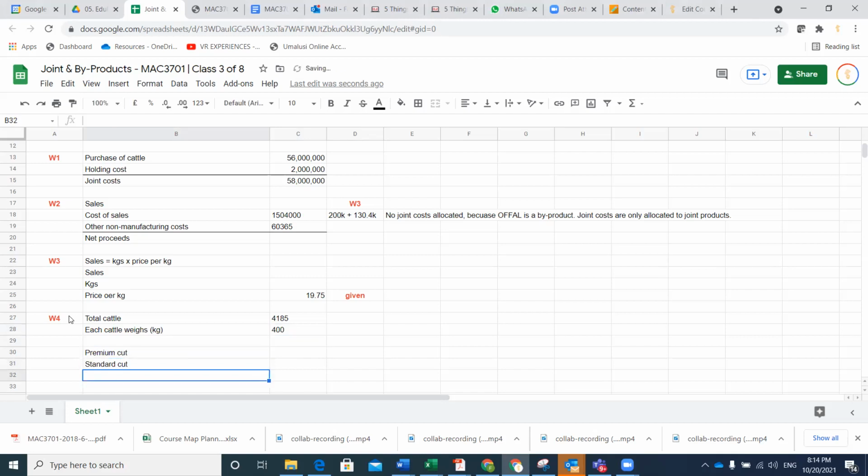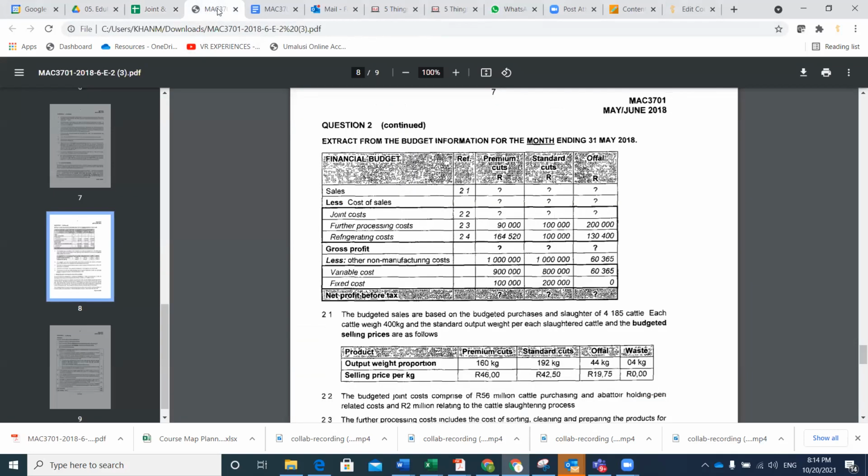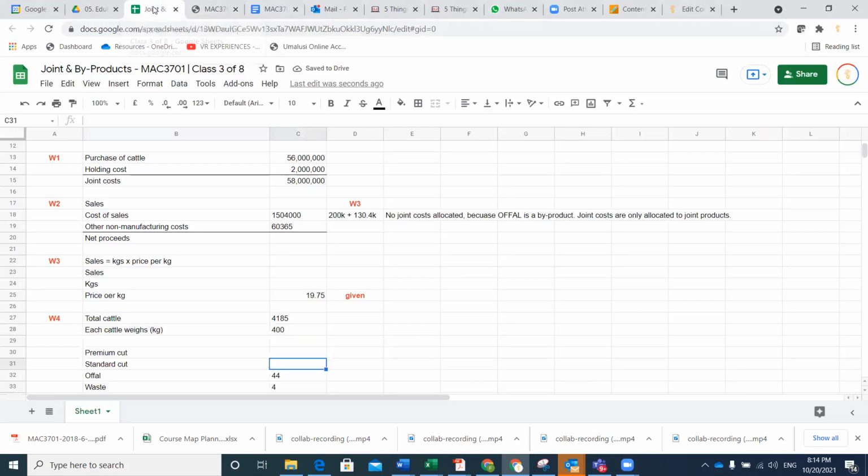It is offal, and it is, what was the other one? Waste. Okay, so this was 44, this was, I don't know, 192 and 160.